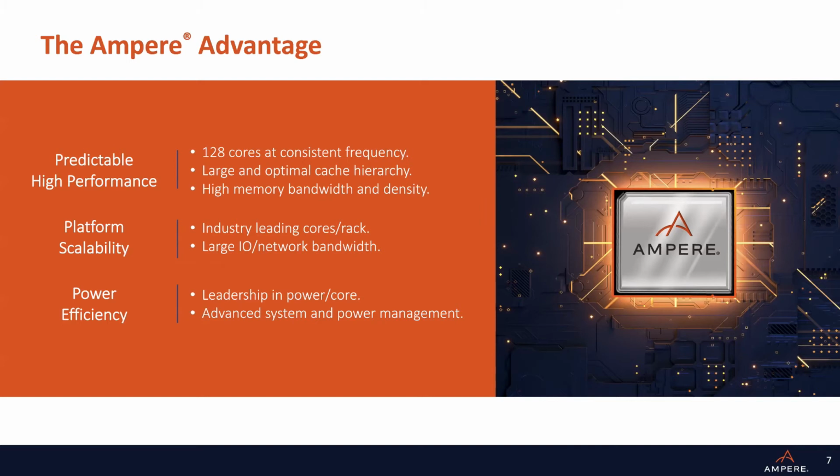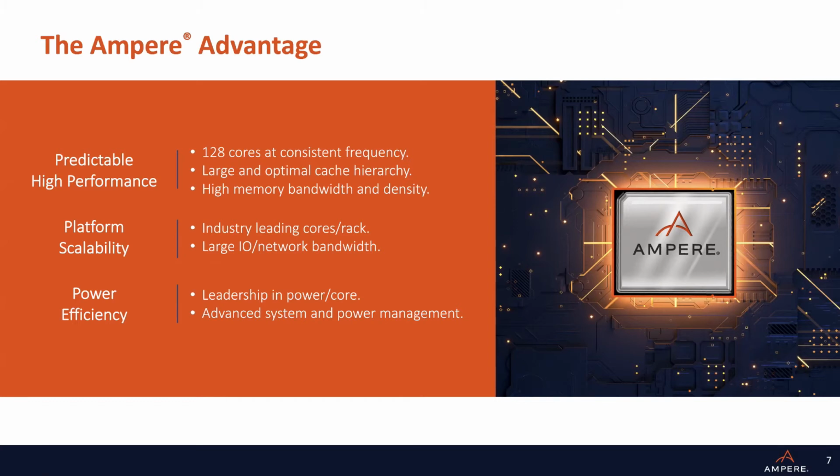So my name is Darren Vallis. I'm a senior director FAE at Ampere Computing, and I've been working to support NETINT. I'm just going to give you a very quick overview of Ampere's advantages. Our SoCs have been architected from the ground up for cloud-based performance. And really, we focused on three things: predictable performance, scalability, and power efficiency.